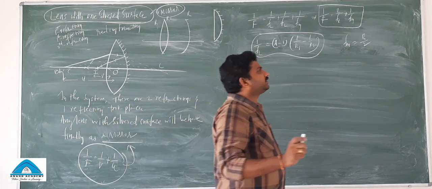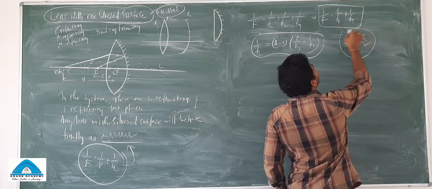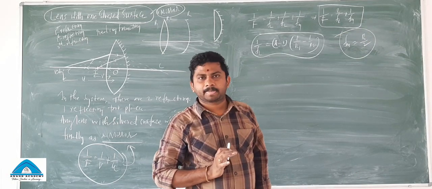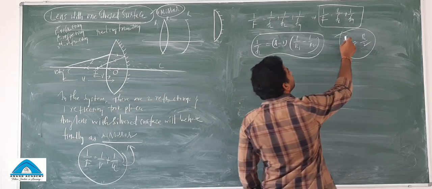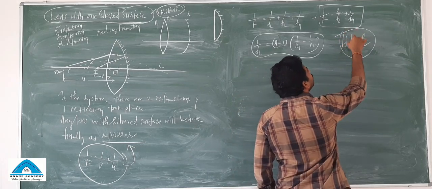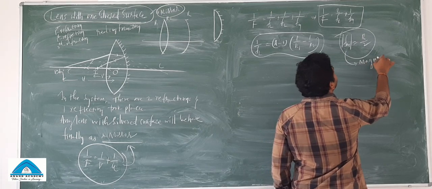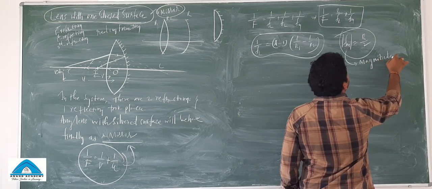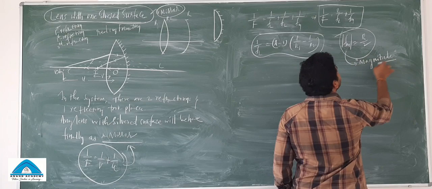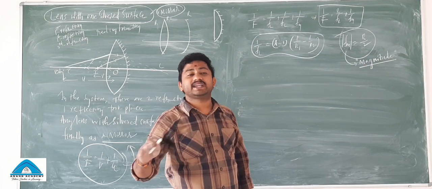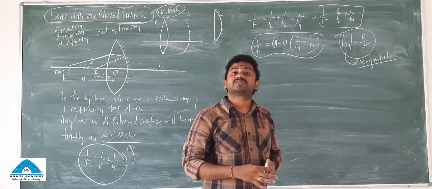Now, one important thing in case of applying the focal length of the mirror. For the focal length of the mirror, we have to take only the magnitude. You must not take any kind of sign in case of the focal length of the mirror.